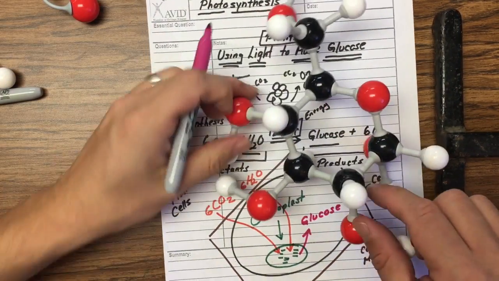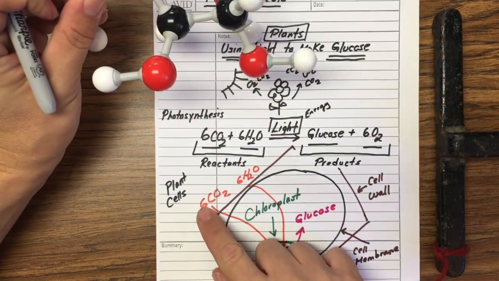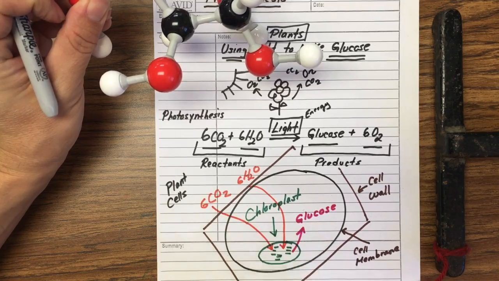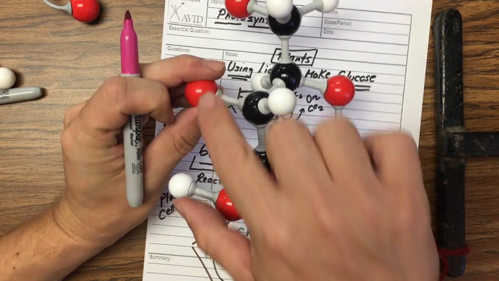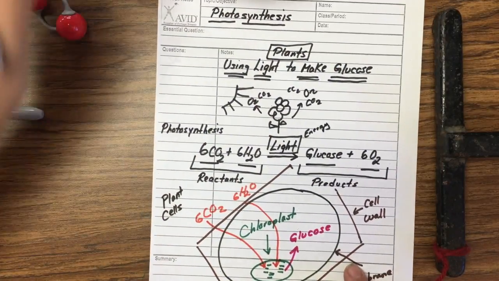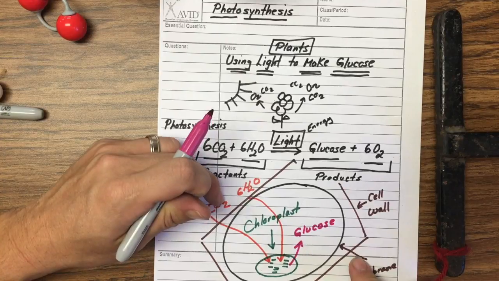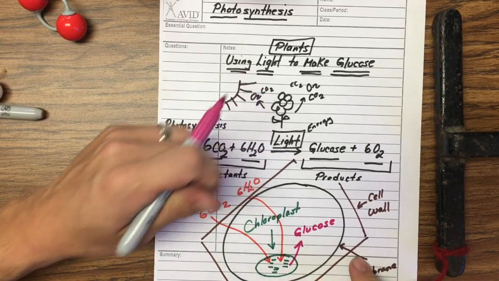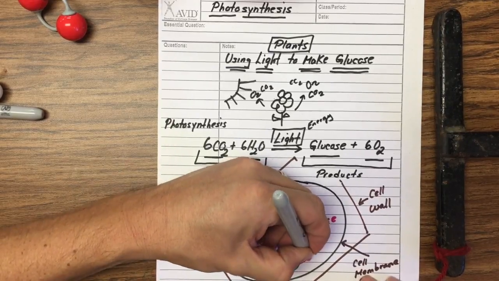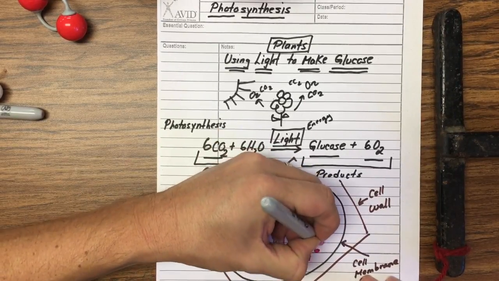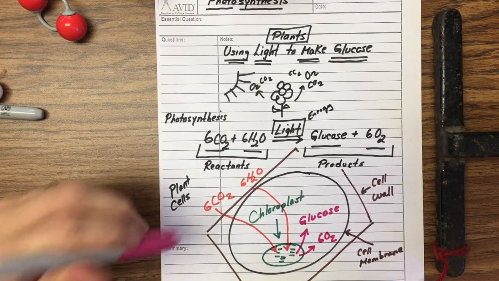Here's glucose, and it has 1, 2, 3, 4, 5, 6 carbons. So it's going to need 6 CO2s. It also has 1, 2, 3, 4, 5, 6 oxygens. And so notice, here there's going to be 12 plus another 6. There's way more oxygen you need. So that's why some of the exhaust is going to be the 6 O2s.